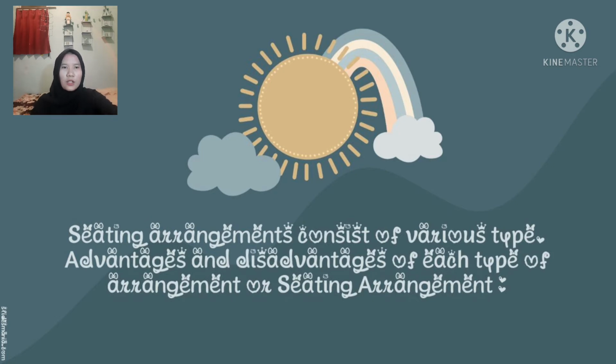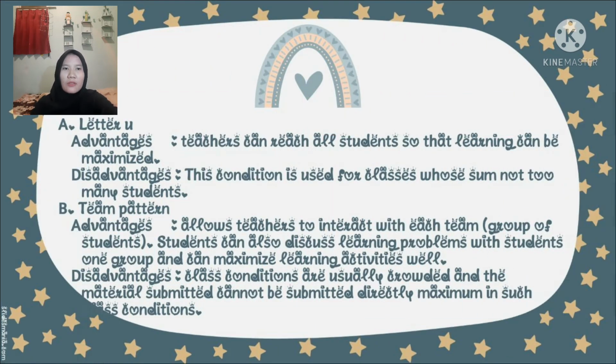First is letter U, second team pattern, third circle, fourth conference table, fifth traditional. Advantages and disadvantages of each type of seating arrangement. Letter U, the advantage: the teacher can reach all students so that learning can be maximized. The disadvantage: this arrangement is used for a class whose number of students is not too many.